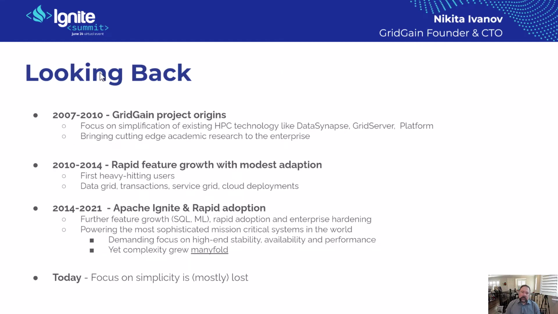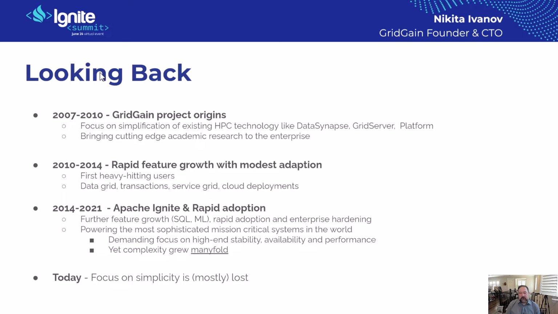But today I want to concentrate on simplicity. Before we talk about what's going to be coming up with Apache Ignite, it's kind of interesting to look back. And for many of you who haven't been with Ignite and GridGain for quite some time, it may sound pretty interesting. So in the early 2000s, mid 2000s, when I started this project, simplicity was one of the key reasons I started it.